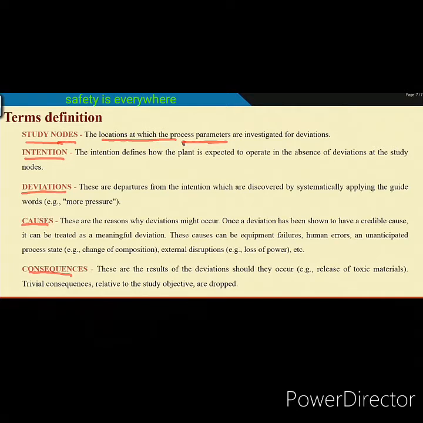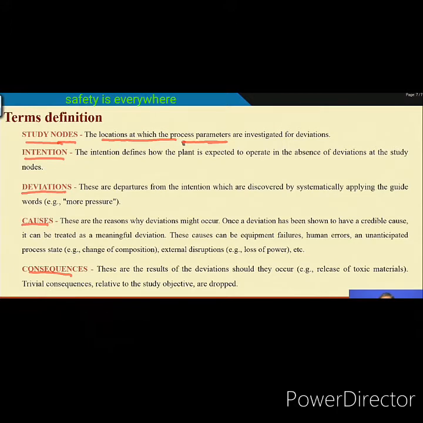Suppose you think of a pump, then pump overrun is the deviation, and basically the time of running is the parameter: too long, too short.